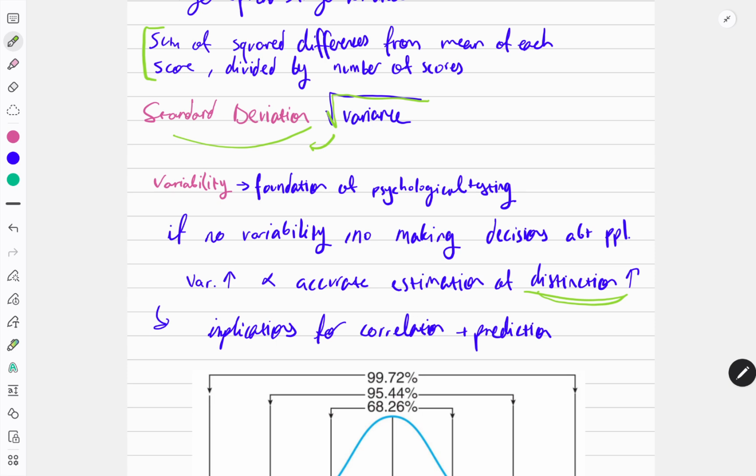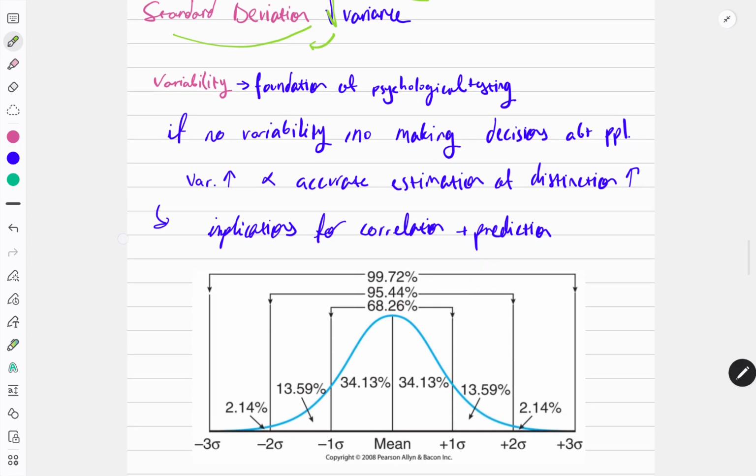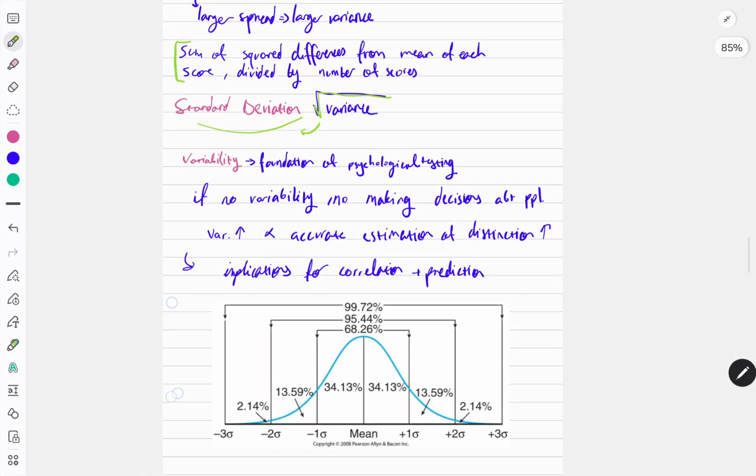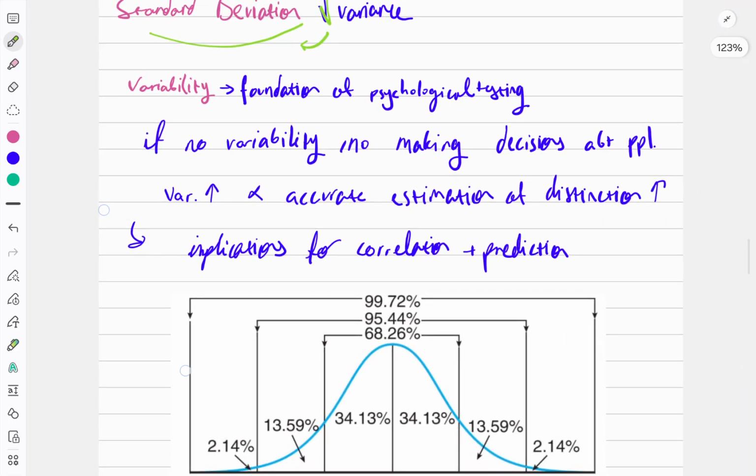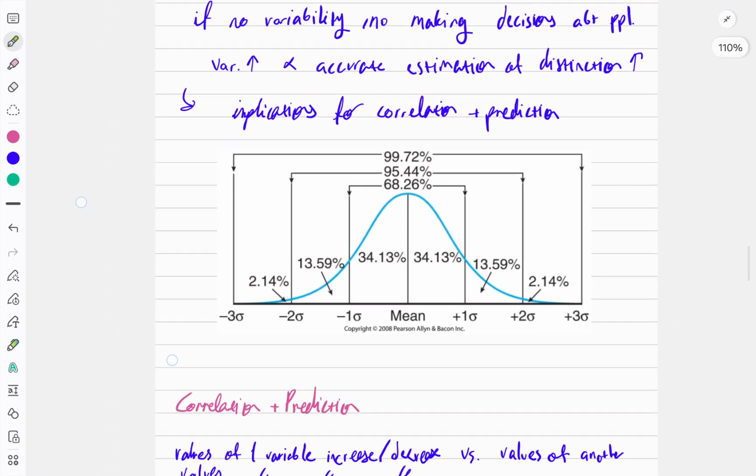We need to be able to distinguish certain things in our test, and in order to accurately estimate these distinctions, we need certain variability. So it has implications for correlation and prediction.